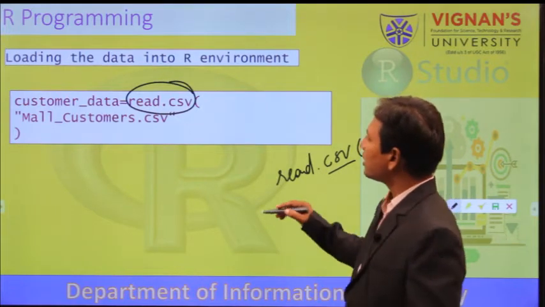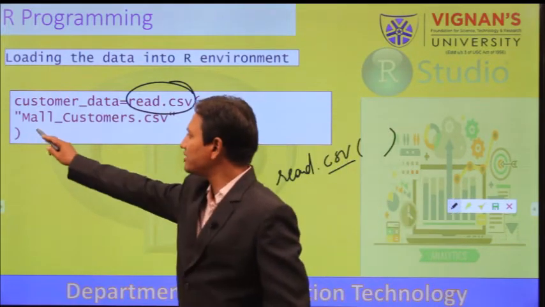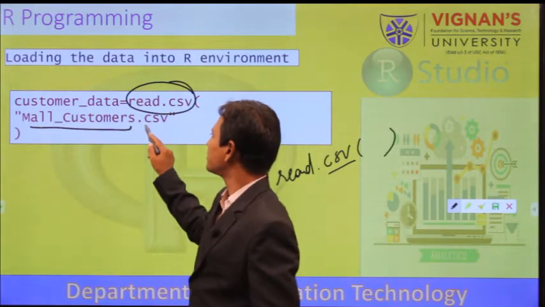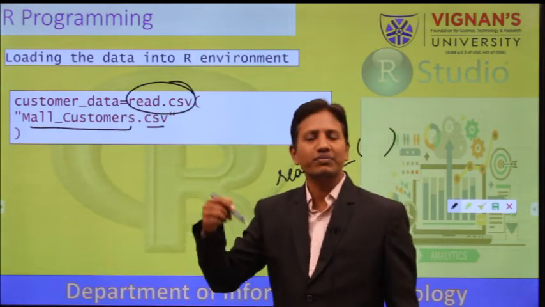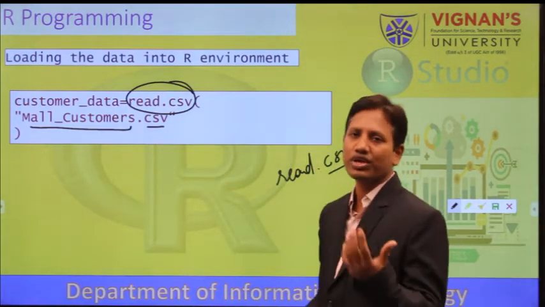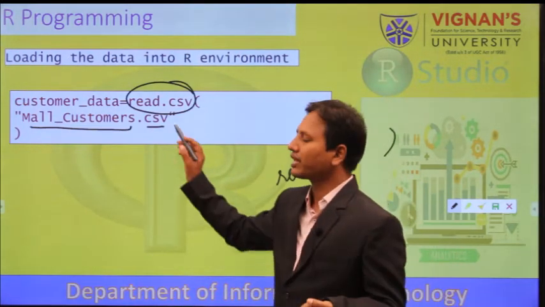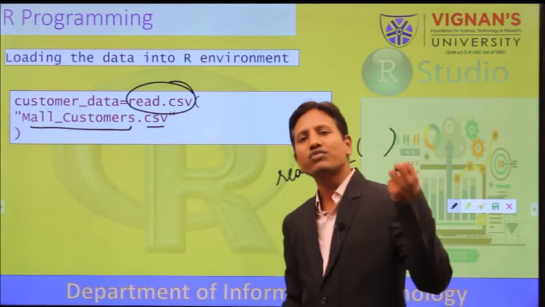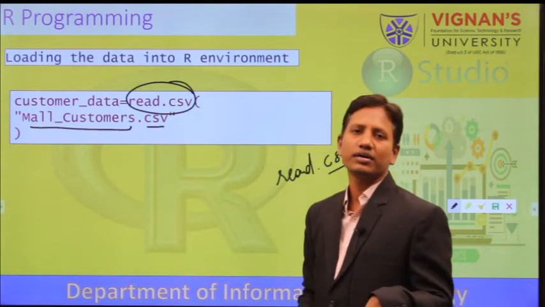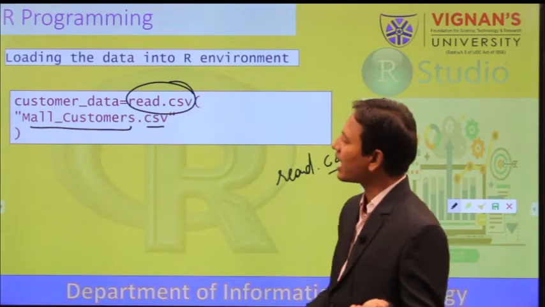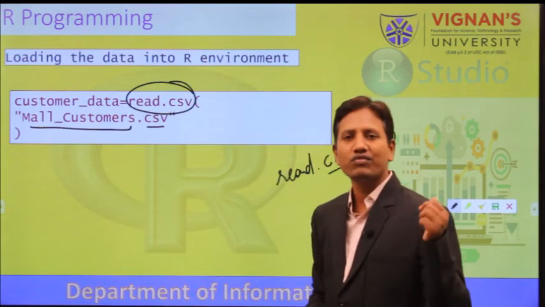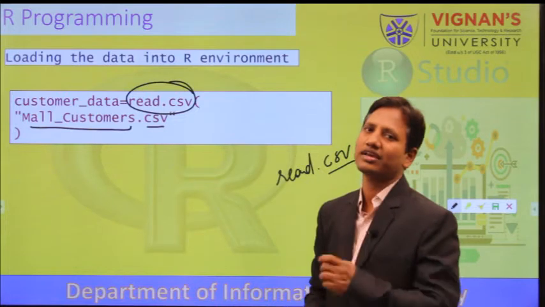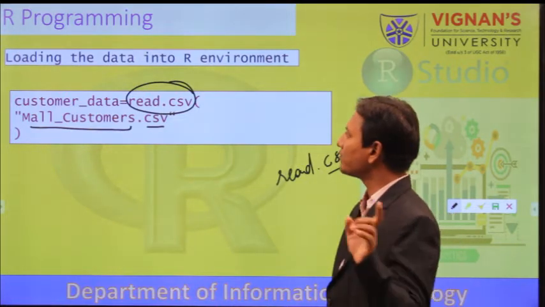As I told you, our file name is mar_customers.csv. As I have set my working directory, I need not give the full path of this file. If I have not set my working directory, then I definitely have to give the entire path, which you have to remember.